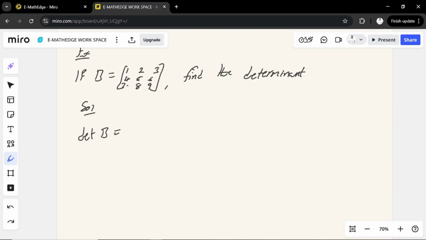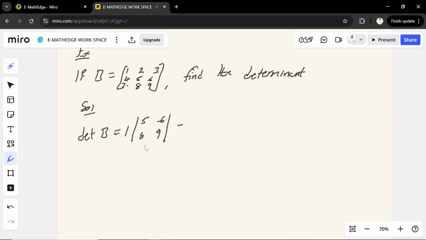So we are going to have 1 into, so since we pick the first element to be 1, it means we are going to consider the first row and the first column to be void, where we are going to have 5, 6, 8, and 9 to deal with, right?